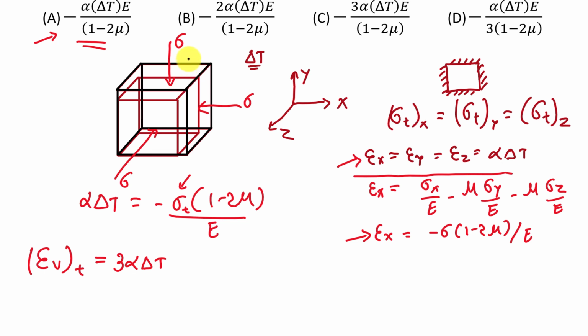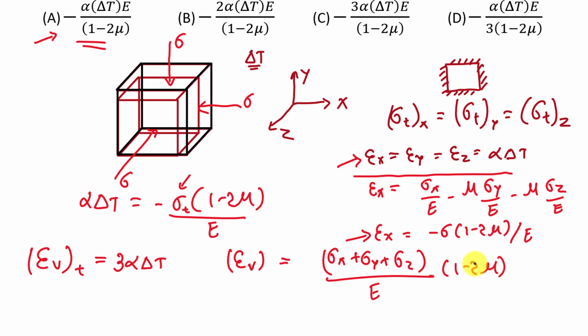And now if we apply this compressive stress sigma on this cube, then there will be volumetric strain by this stress sigma, right? And we know the equation to find out volumetric strain for 3D loading condition. It is sigma x plus sigma y plus sigma z divided by E into 1 minus 2 mu, correct?